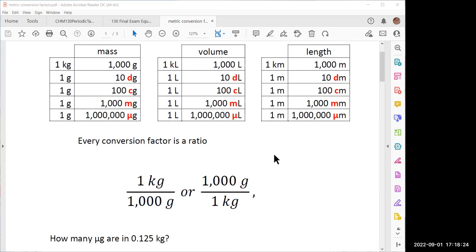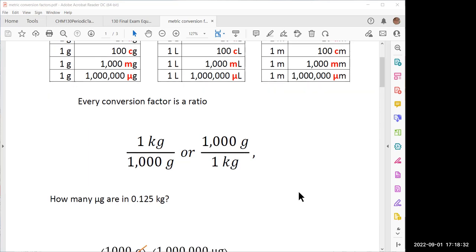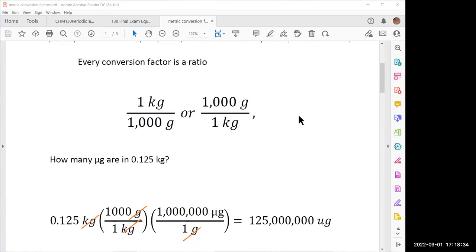Okay, so, for example, you could be asked a question: how many micrograms are in 0.125 kilograms? Now, normally, I give you the answer here. Normally, what I would do is first write down what I'm given, 0.125 kilograms. And then write down the units that I'm looking for.